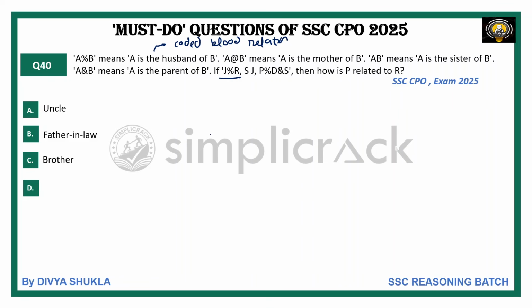Now J percentage R, that means J is the husband of R. Okay, so J is the husband of R. Now the next line says S dollar J. A dollar B means A is the sister of B. I had to check this once again.